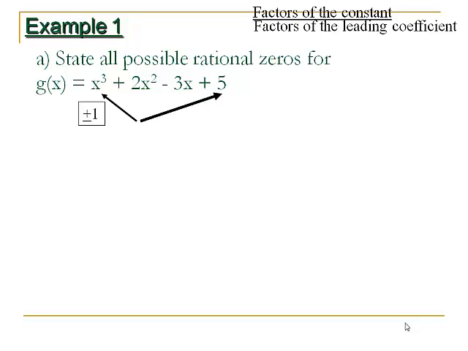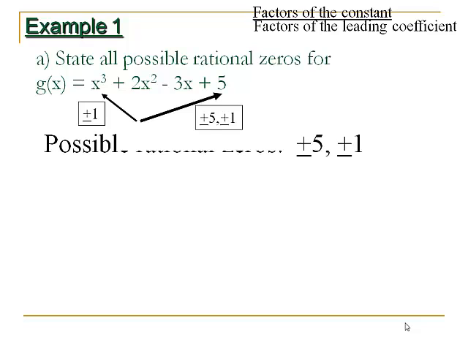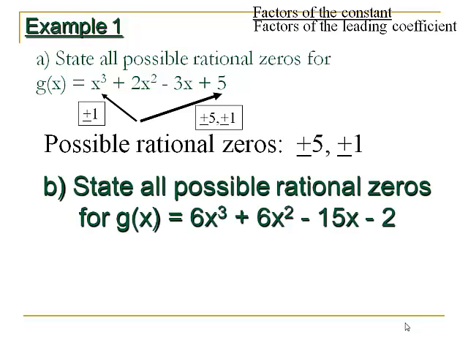And then you look at 5, the end, and that could either be 5 or 1. And of course, it could all be pluses or minuses. To make a list of the possible rational zeros, you would take the 5 and the 1, and you would divide by the plus or minus 1. And that gives you possible rational zeros of plus or minus 5 and plus or minus 1. Those are the only possible answers.